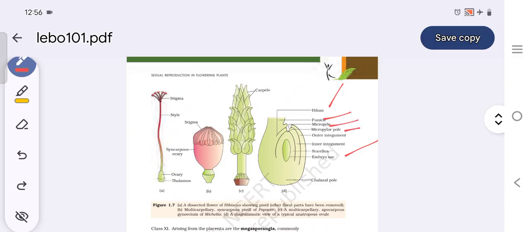There are two poles: where you have the micropyle, it is called the micropylar pole. The opposite pole is known as the chalazal pole. Within the ovule, you have the embryo sac. Then you have the nucellus, which happens to be the nourishing layer. The middle layers we call the outer integument and inner integument. So these are the different parts you will have for labeling a typical anatropous ovule.